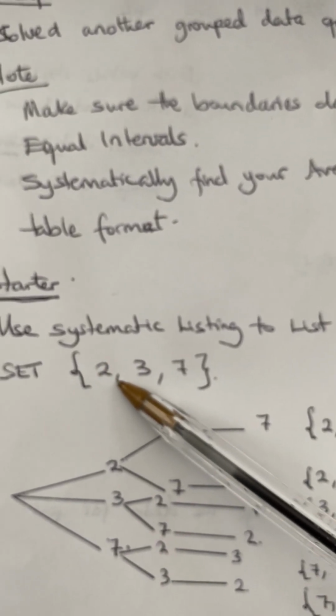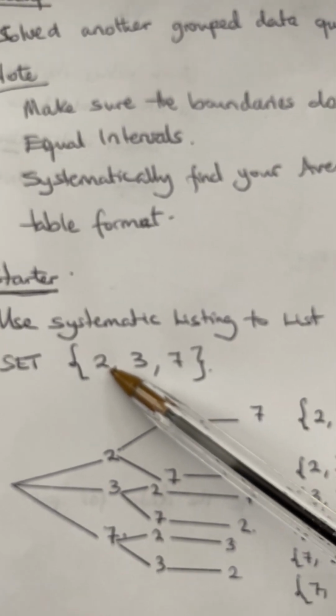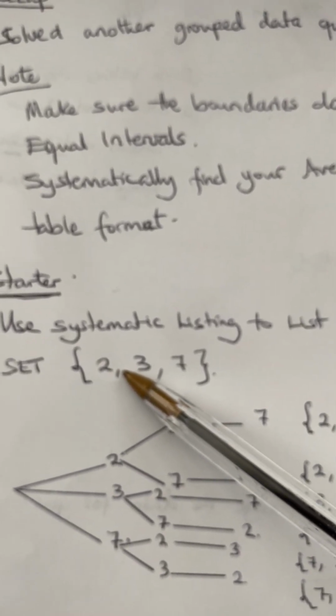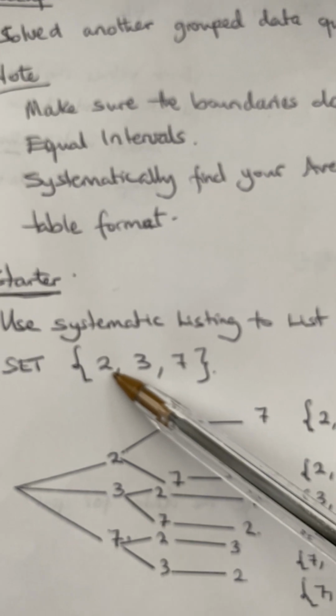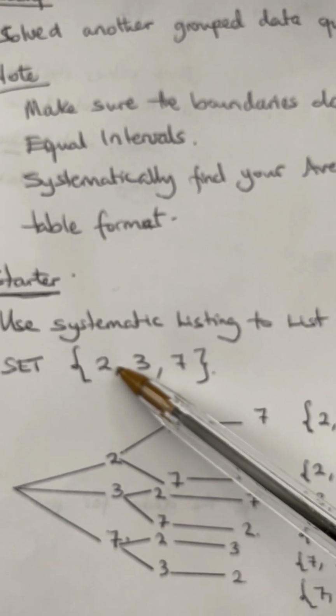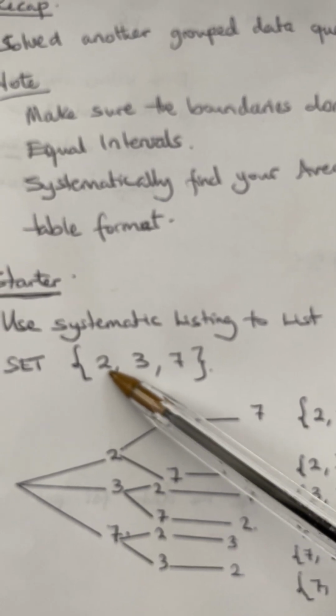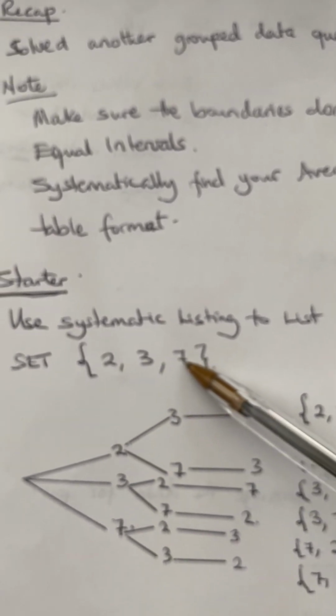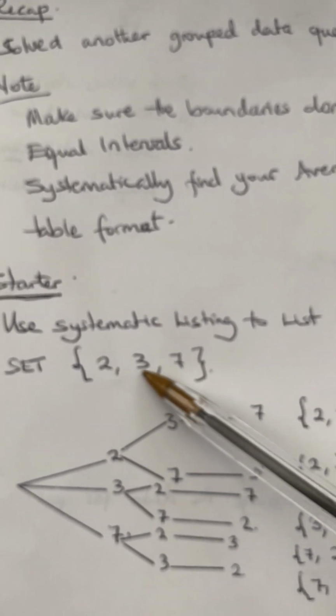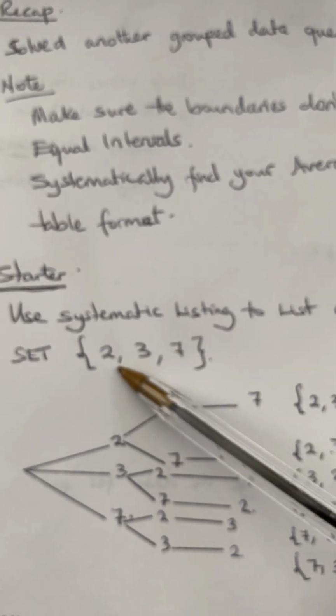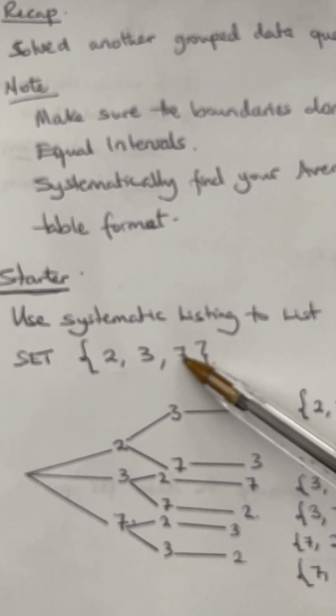If I write 2 on the script, then it is 2. Just follow that. But if it comes out as 2, 3, and 5, it's not 2, 3, and 5. It will be 2, 3, and 7.